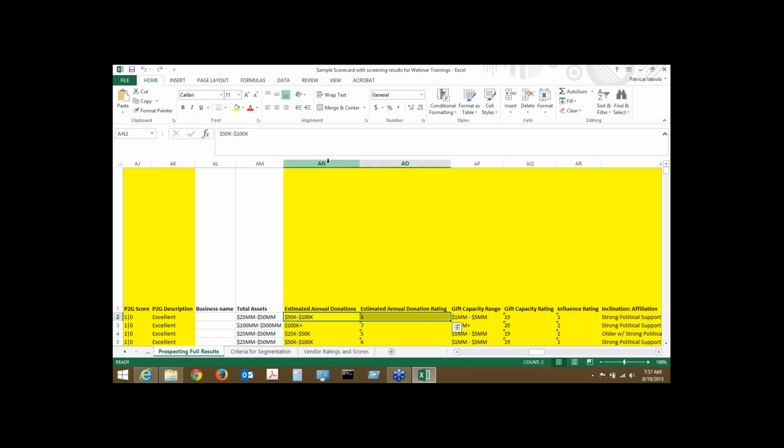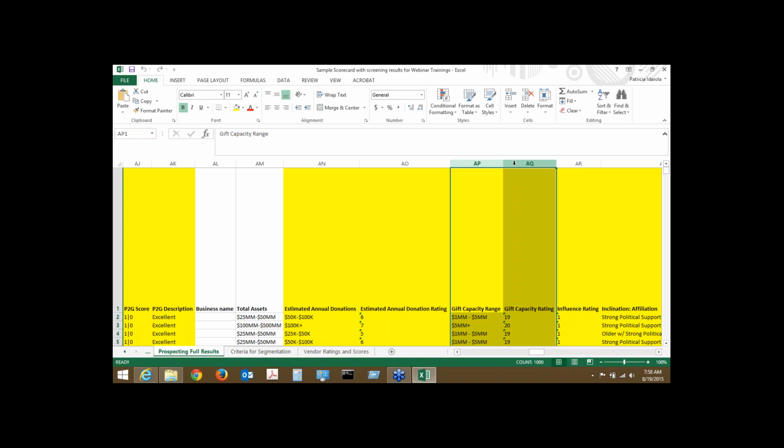So if your person has more stock, higher income, more liquid assets, then they'll have a higher annual donation rating. If they have more real estate and company ownership, then they may have a lower annual donation rating, say 5,000, because they're not as liquid, but they may have a gift capacity rating of $1 million, 5 million, and so forth.